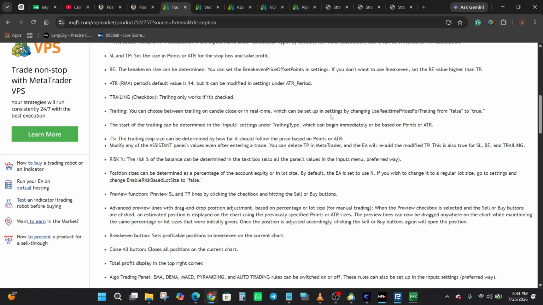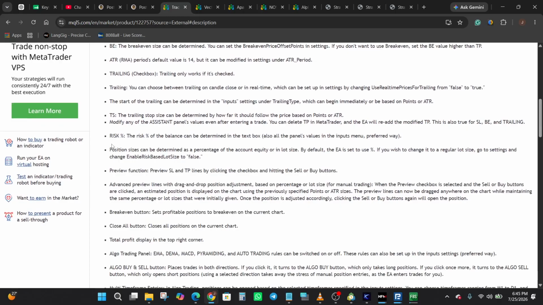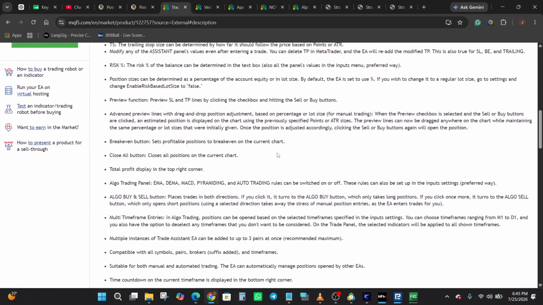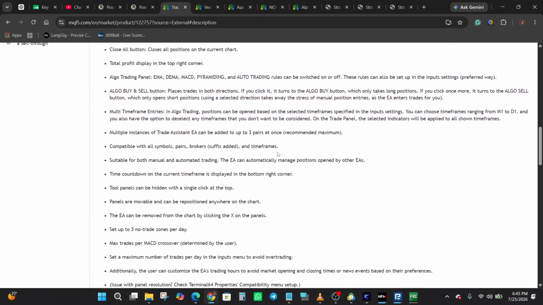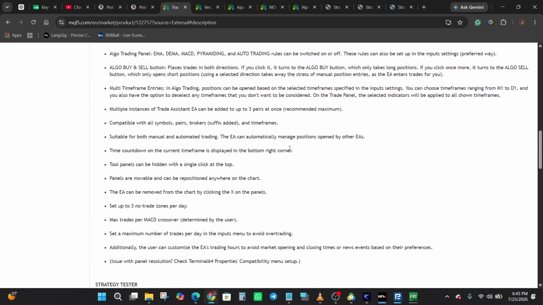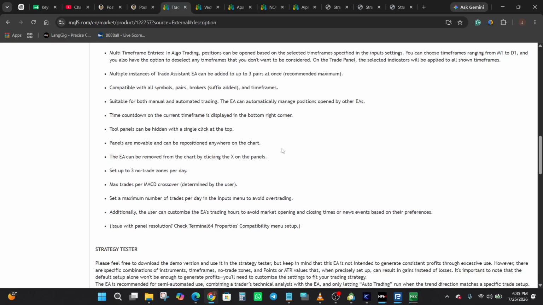There is a preview function with draggable SL and TP lines, one-click break-even and close all buttons, an algo trading panel where you can toggle EMA, DEMA, MACD, and pyramiding rules on or off, and multi-time frame entry logic from M1 up to the daily. Okay. It can run on up to 3 pairs at once and includes daily trade limits and customizable no trade zones and trading hours.